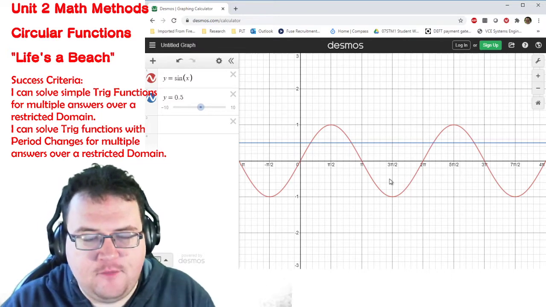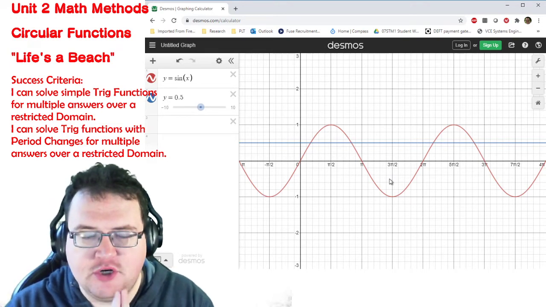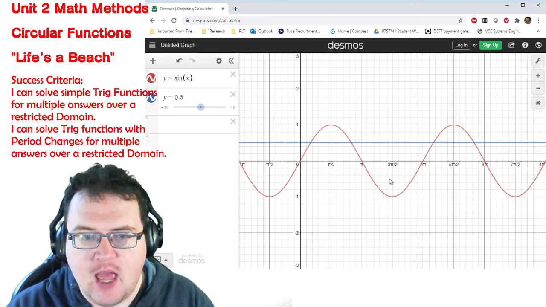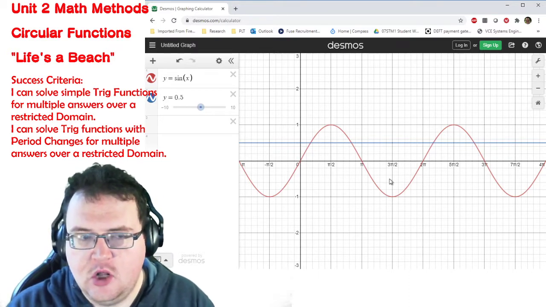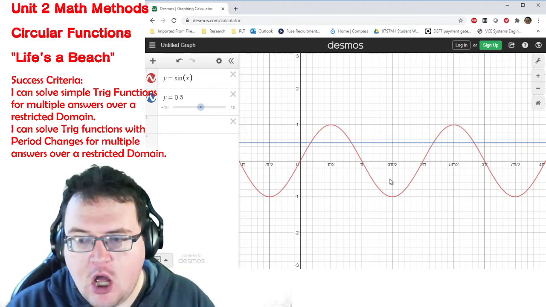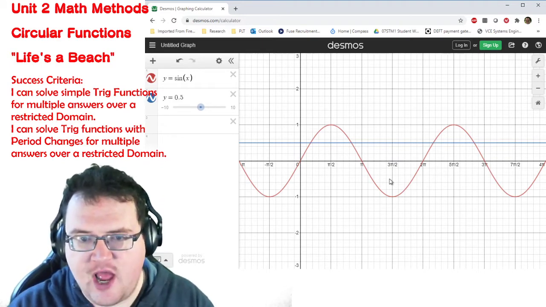So, looking at this graph, over the range of 0 to 4 pi, how many answers do we have? Looking at just this picture I have right now, over 0 to 4 pi, how many answers do I have?